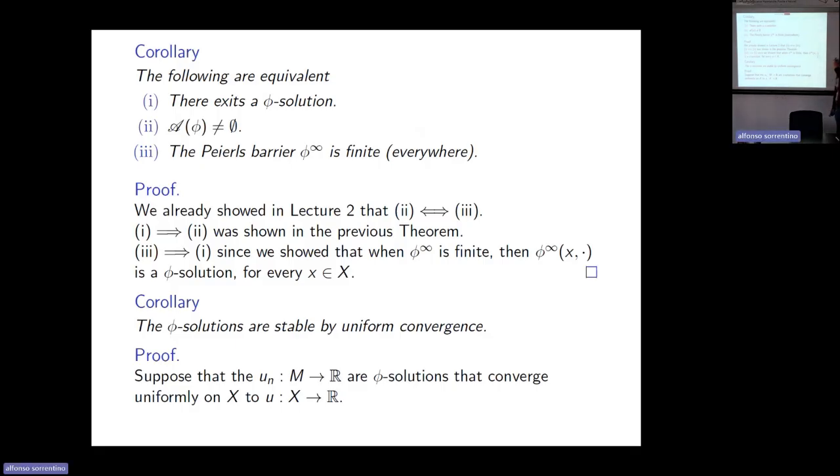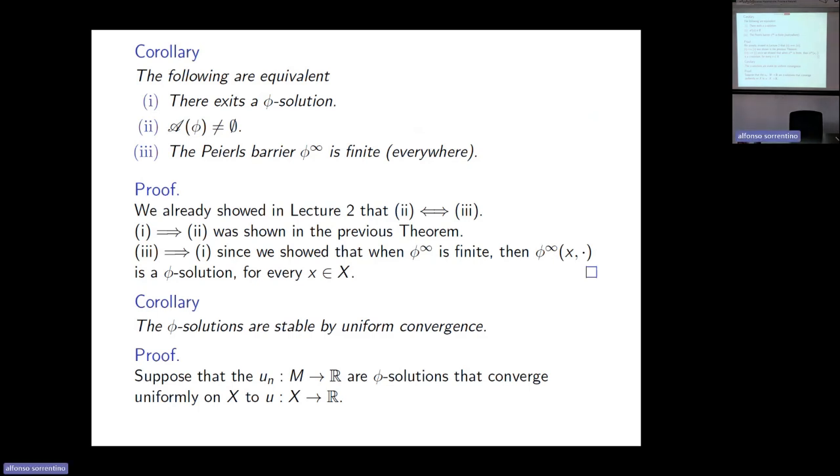So we showed that that's a direct consequence of the theorem before. And three, the pairs barrier is finite. That's because 1, 2, and 3 are equivalent, as we showed. The Aubry set is not empty if and only if the pairs barrier is finite. So 2 is equivalent to 3. 1 implies 2 is the theorem shown above. And 3 implies 1, since we showed that when phi infinity is finite, then phi x dot is a phi solution for every x in X.